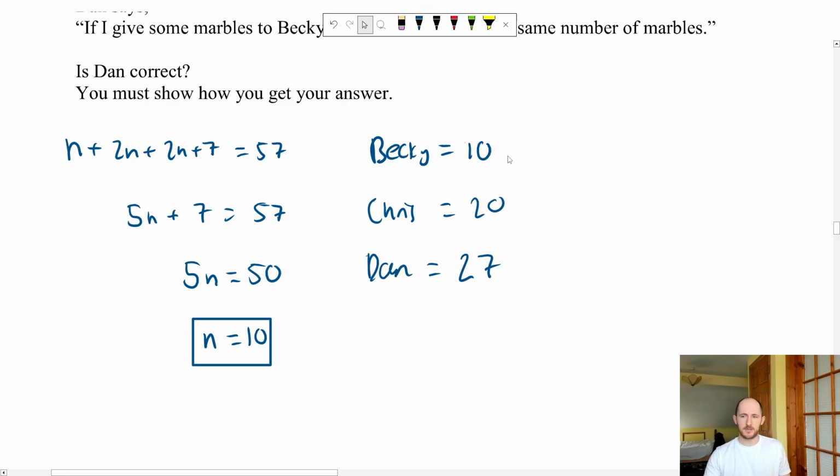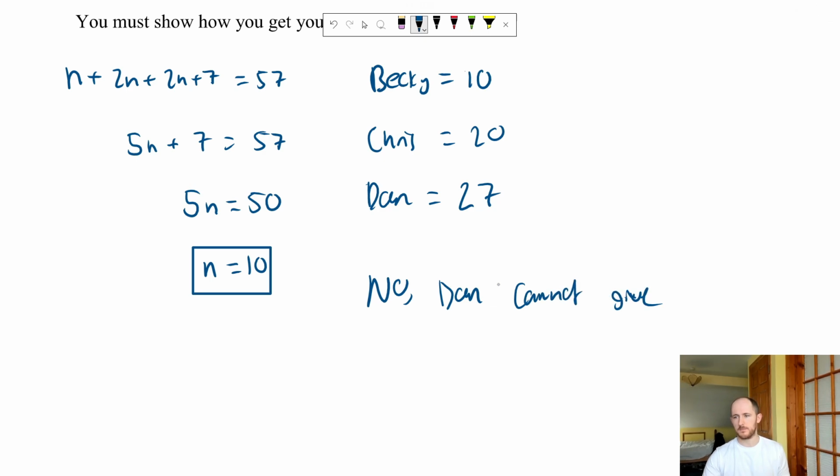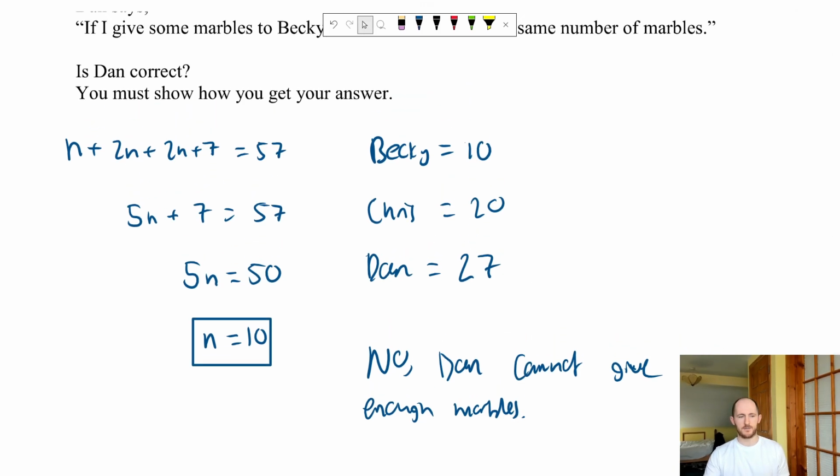But if Dan gives 7 to Becky, she'll have 17, which is not the same. So no, because Dan cannot give Becky enough marbles. That's what the question's actually asking for.